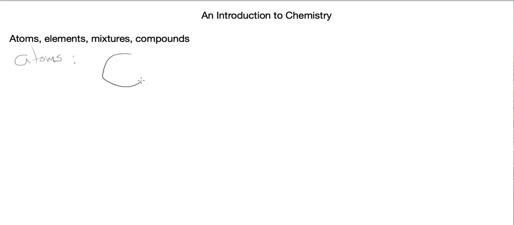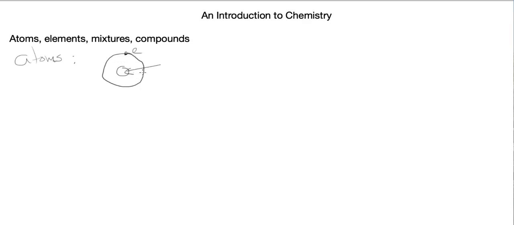So let's start with the absolute basics. What are atoms, elements, mixtures and compounds? So, atoms. Atoms are made up of a nucleus, and around that nucleus you have orbiting electrons.